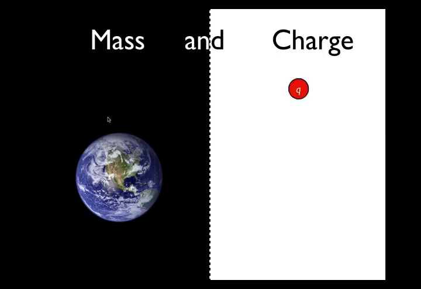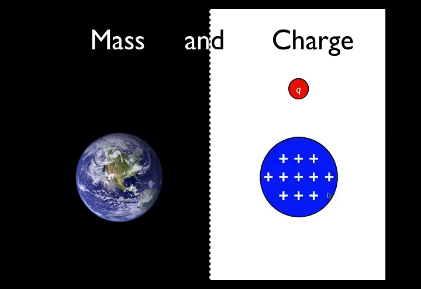We do very similar thinking with charge. If I have a little point charge that has an amount of charge Q, and I put it in the vicinity of a large charged object, there will be an interaction force between those two objects. If Q happens to be positive, the forces will be repulsive and these two objects will push away from one another.